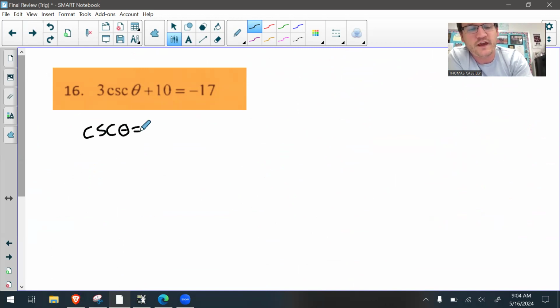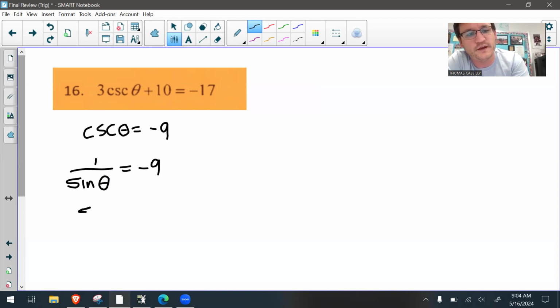On this last problem, here we go. Subtract the 10, divide by 3. So you're going to have 27 divided by 3. The cosecant here gives us -9. Again, it's cosecant, so we need the reciprocal of that. This is 1 over the sine. 1 over sine of theta equals -9.